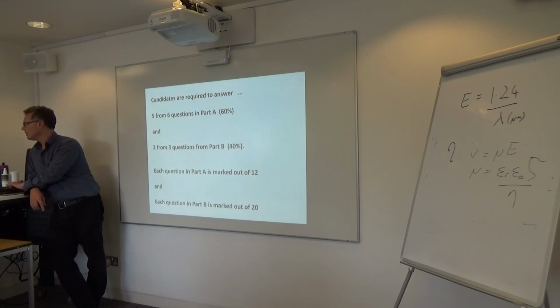So, the exam paper: 5 out of 6 questions for part A, 2 out of 3 questions for part B. You'll be pushing it if you try to answer all 3 questions for part B. It might be worth trying to do 6 questions for part A. Are they split equally between the blocks?